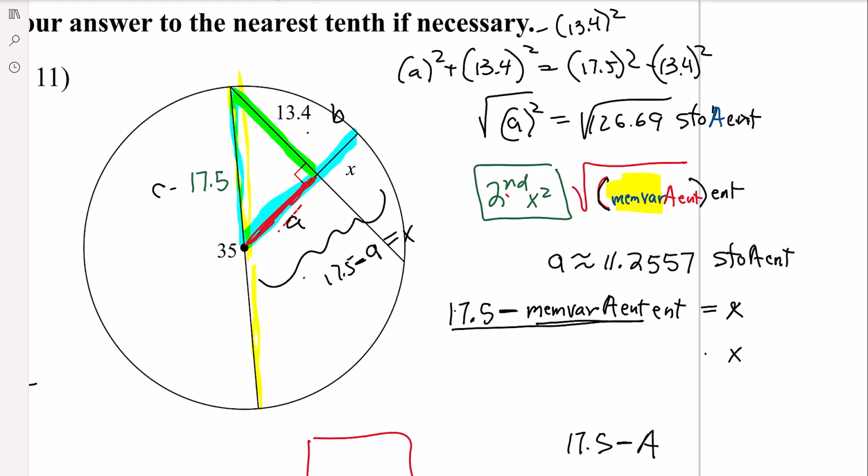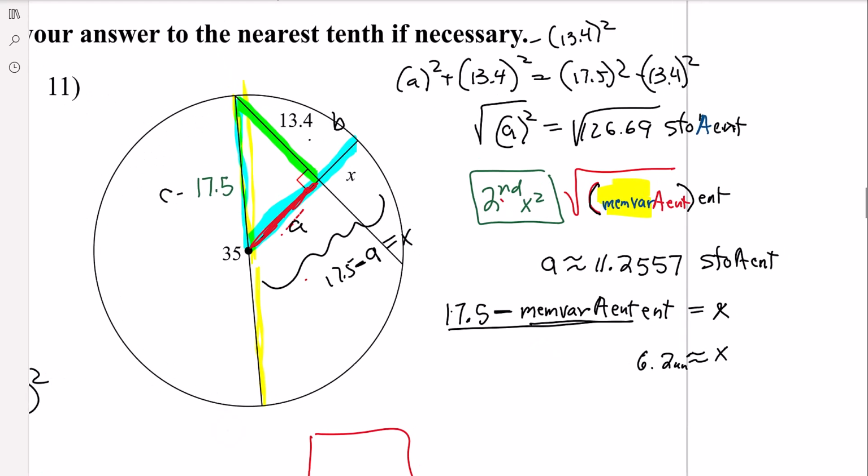So the value for x is about, now you can round to the nearest tenth, 6.2 units. And if some of you think, well, it's easier just to keep typing everything in. Initially, yes, it is. But once you know how to use the store and retrieve skills, way faster.